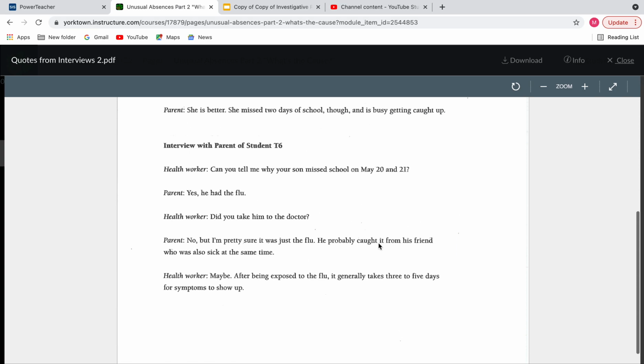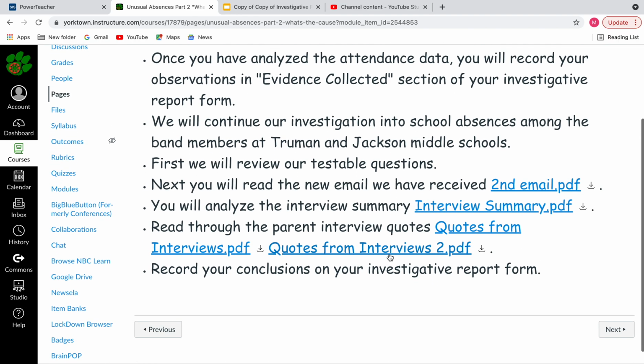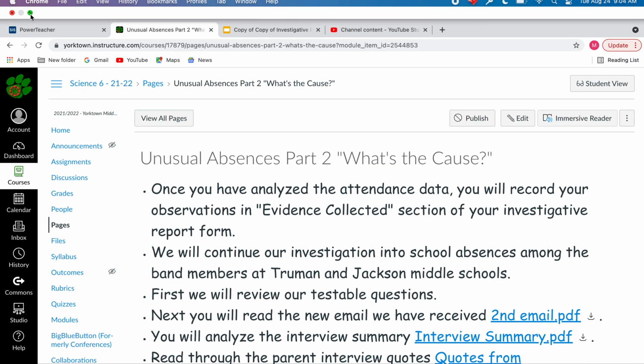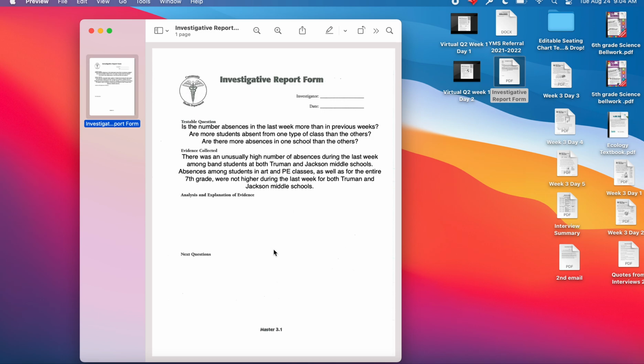So there's a few quotes here to read through from parents. And what you guys will do with that is you will then analyze that information as well, like you did the attendance data. You'll go back to your investigative report. You can include some of that in the evidence collected. You'll also include that in the analysis and explanation of the evidence.